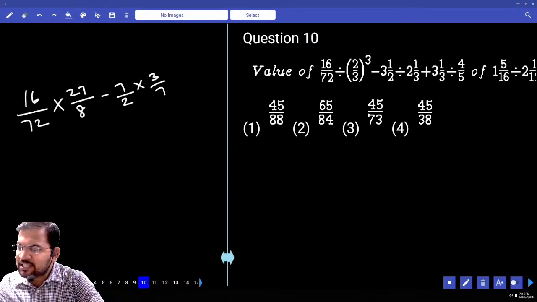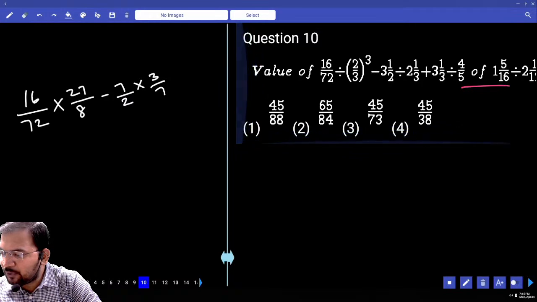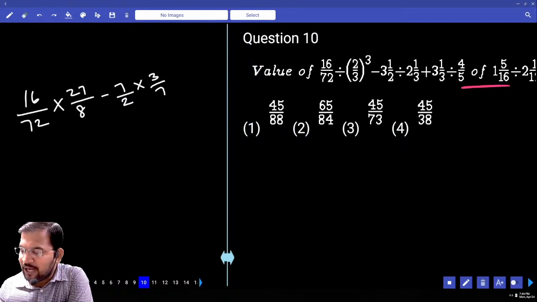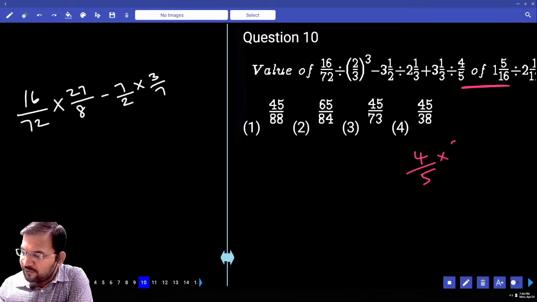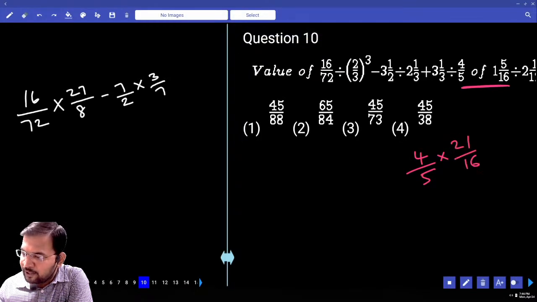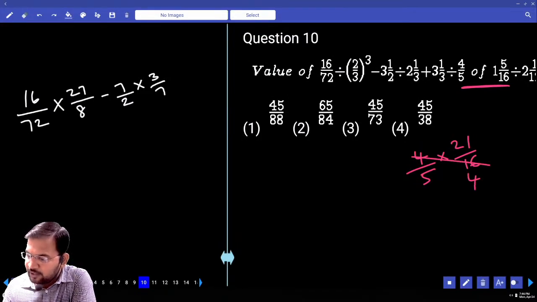Next, first of all you have to calculate this half value, na. Half value is nothing but what? 4 by 5 into 21 by 16. 4 4s are, na, 21 by 20.